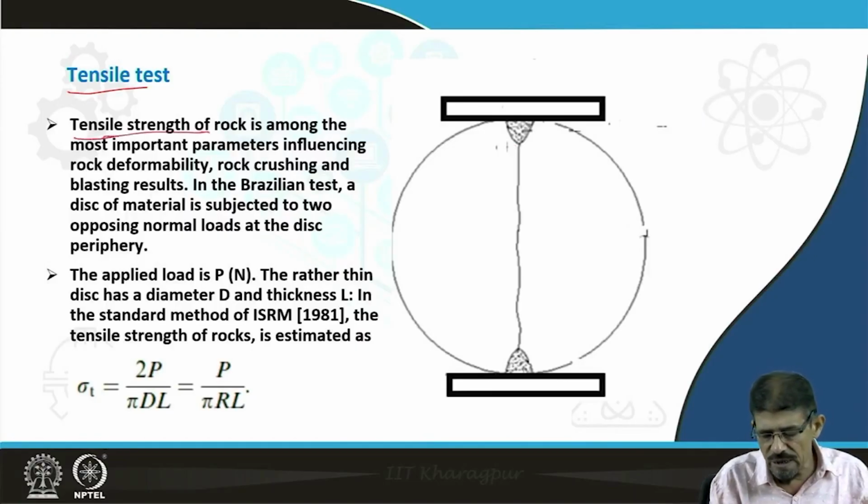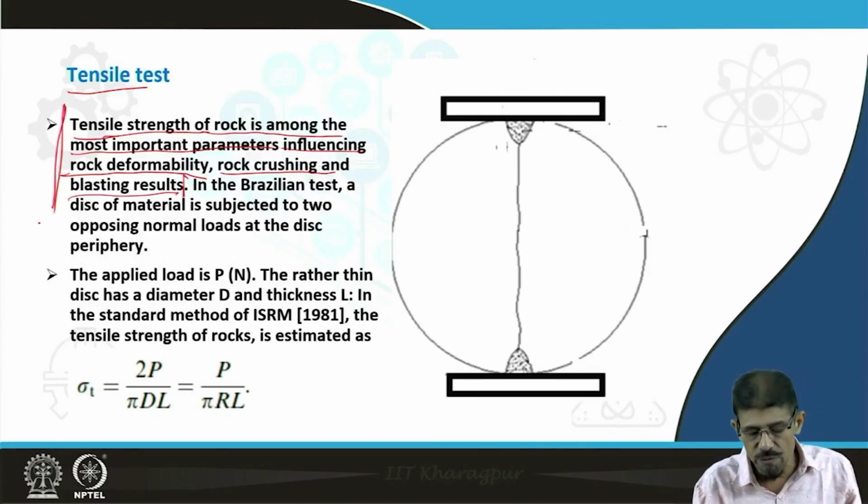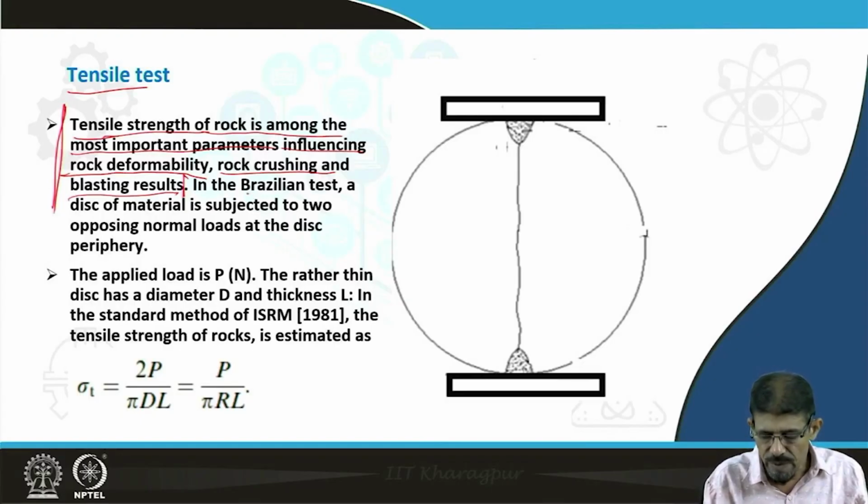Tensile strength of rock is among the most important parameters because it influences rock deformability, rock crushing and blasting results. Directly it is very difficult to determine and erroneous also. Therefore, we have followed the Brazilian test.